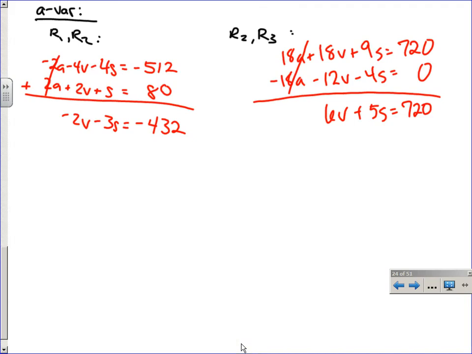So let's go after that V variable. It's all strategy. Using R4 and R5, I'm going to multiply this guy by 3. Sound good? Negative 1296.